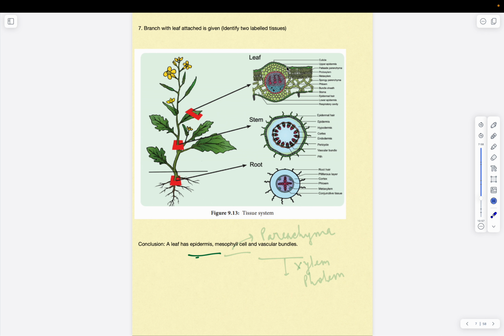And the bulk of the leaf is made up of these cells. So these cells are mesophyll cells. You can also write them as parenchyma. Mesophyll cells are a type of parenchyma. And then third is the vascular bundle. Vascular bundles are xylem and phloem. So every part of the plant has vascular bundles.